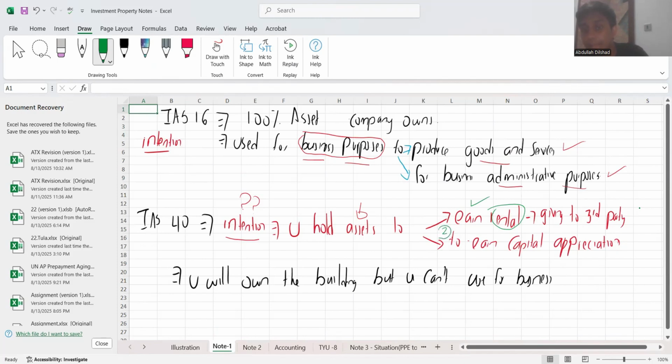The second one is to earn capital appreciation. What does capital appreciation mean? See, a real life scenario: your fathers, your parents, your grandfathers buy a building or any tangible asset, say they bought it 3 years back.